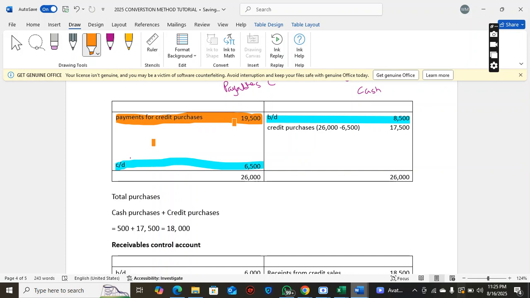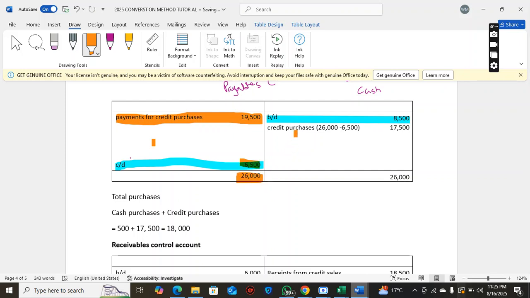Once we've looked for all the transactions, now we can get our credit purchases. You add the 19,500 plus the 6,500, you get 26,000.